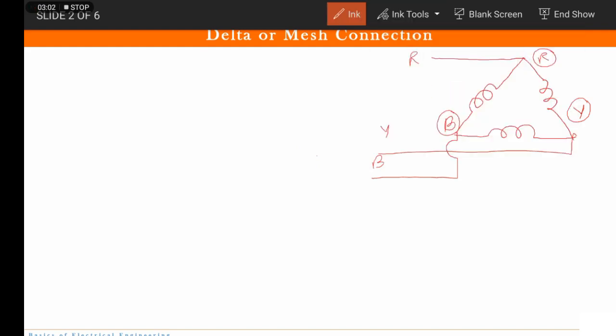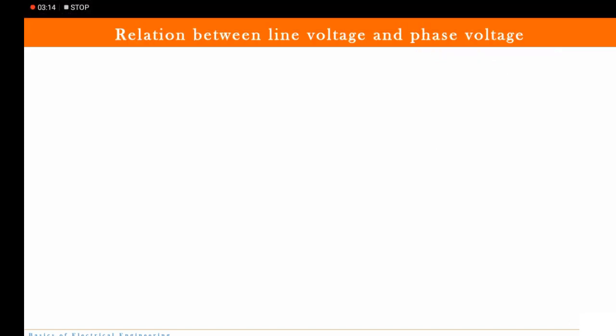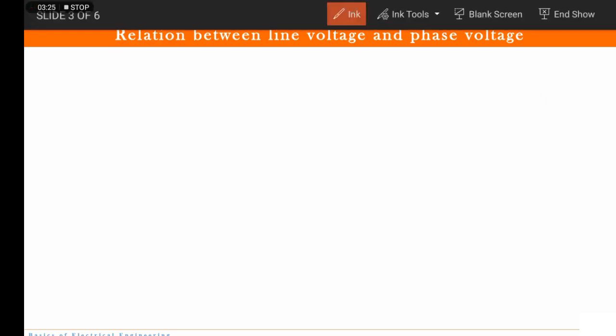So the sum of all these voltages around a closed mesh is going to be zero. Now we are going to derive the relationship between line voltage and phase voltage. For this, I will be required to draw a diagram. So I will draw the diagram of delta connection now.